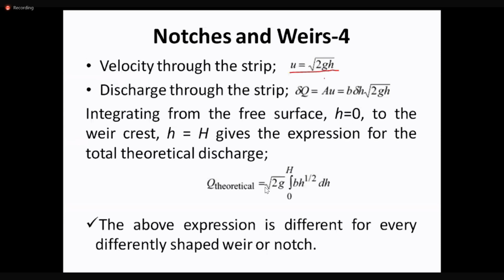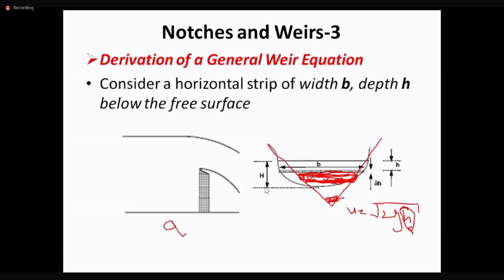The discharge through the strip: we know discharge Q is equal to AV, cross-section area times velocity. So the small discharge through the elemental strip, delta Q, is given by the cross-section area of the strip, which is length times width.